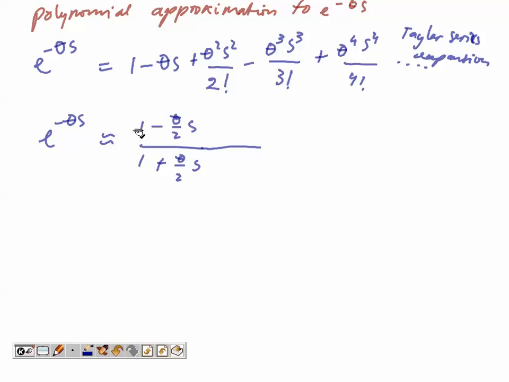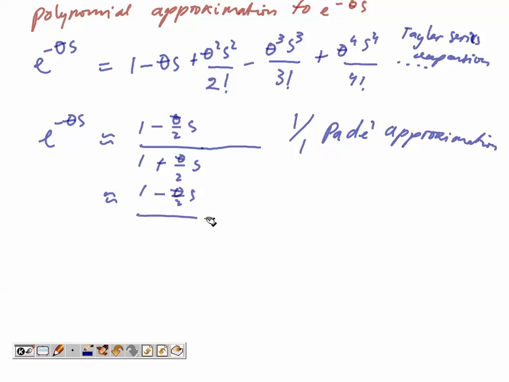If 2 over 2 Padé approximation, the order of the numerator is second order and the order of the denominator is also second order, with plus theta squared s squared over 12.